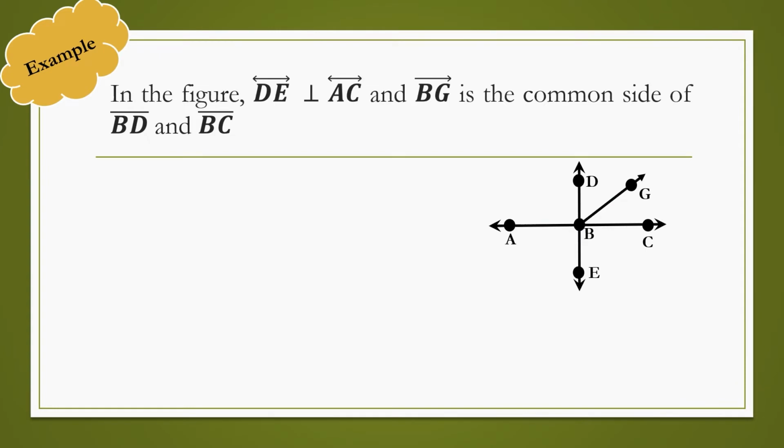To further understand the theorems, let's have these examples. In the figure, line DE is perpendicular to line AC, and ray BG is the common side of segment BD and segment BC. What kind of angle is angle DBC?